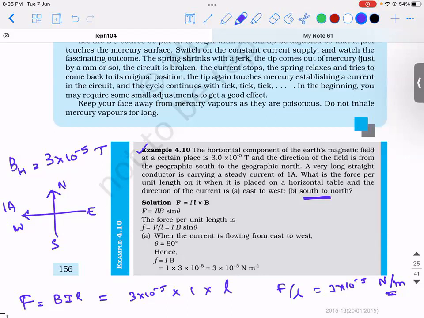East to west means it is perpendicular. It is into the plane. Clear? That's it.